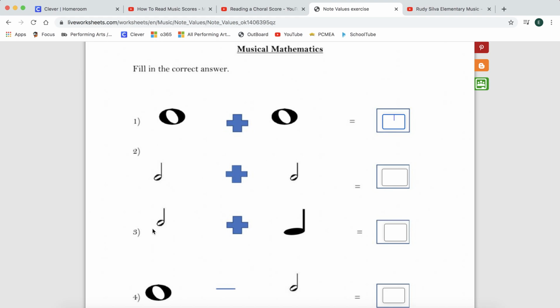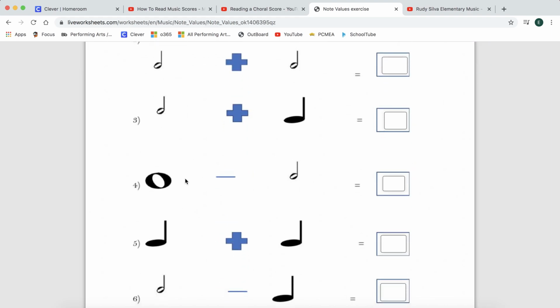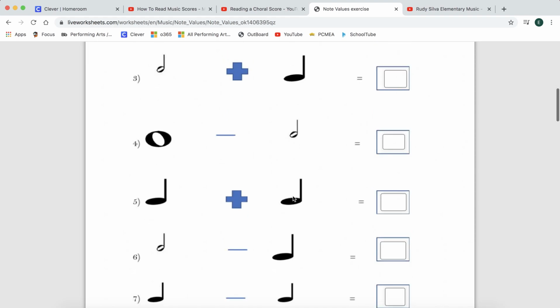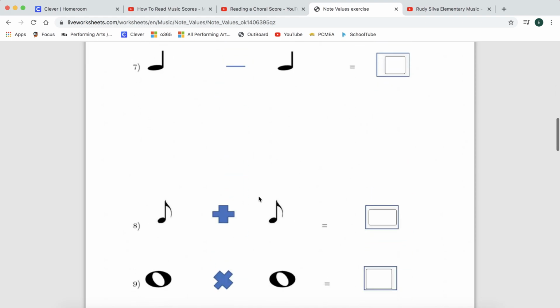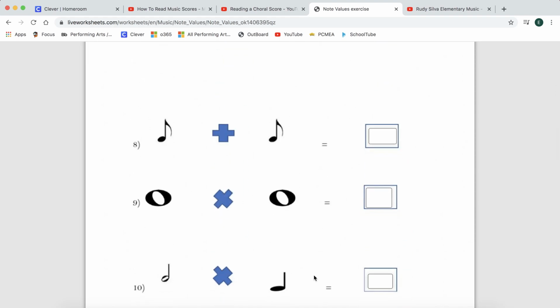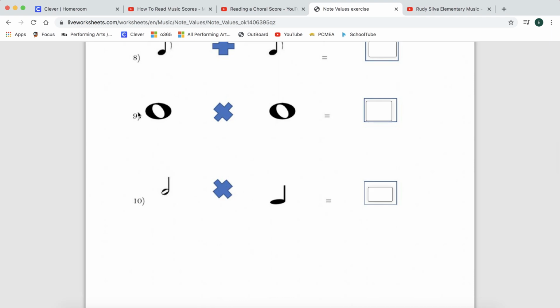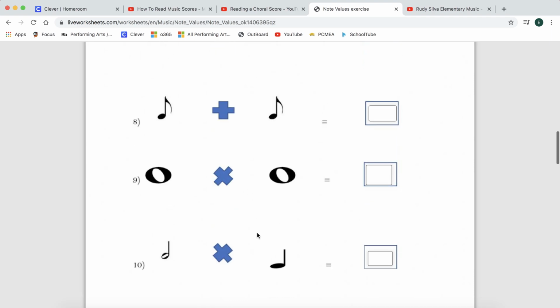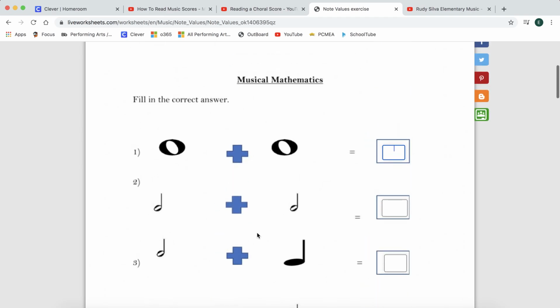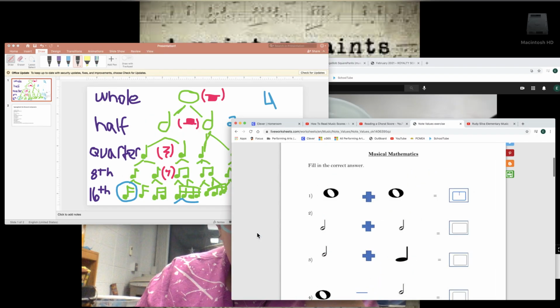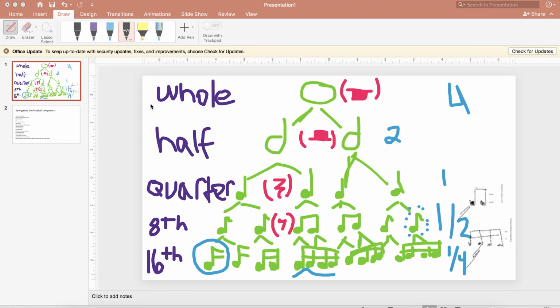Half note plus half note plus quarter note, whole note minus half note. Here's some minuses, and here we have some multiplication. We have 2 multiplication questions. A whole note times a whole note, a half note times a quarter note. So it shouldn't be too tricky for you because you should be able to do all of these. They're pretty simple.